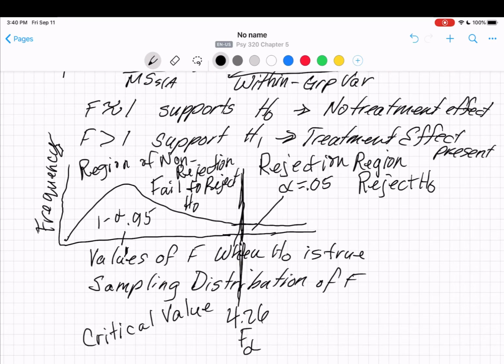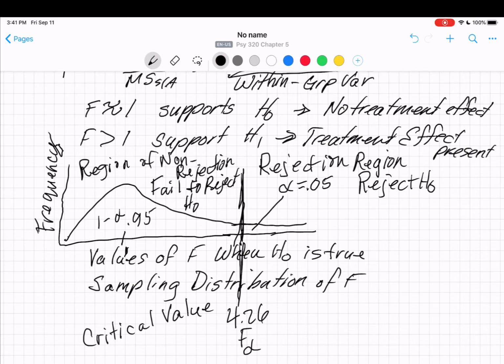And so if our F value from our data is larger than 4.26, then it's going to fall in this rejection region, and we would reject the null hypothesis. The reason for that is because it's very unlikely, less than 5%, that we would get an F value that big when there's no treatment effect present, when the null hypothesis is true.